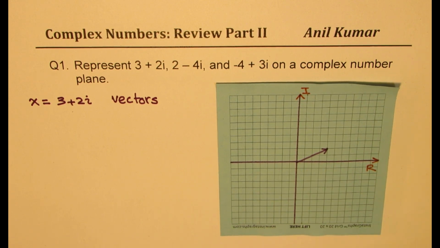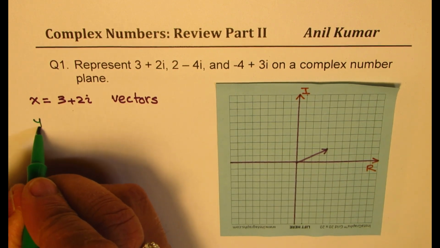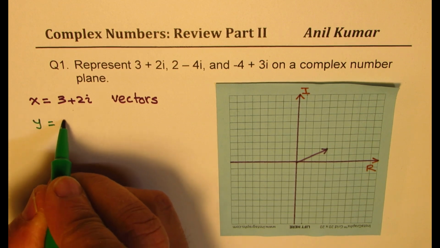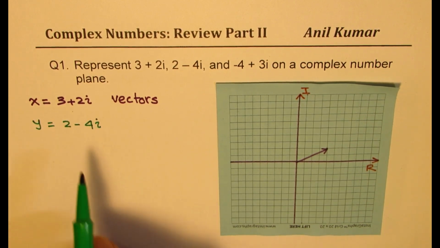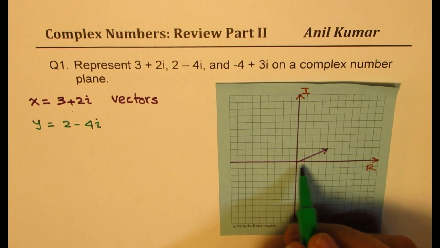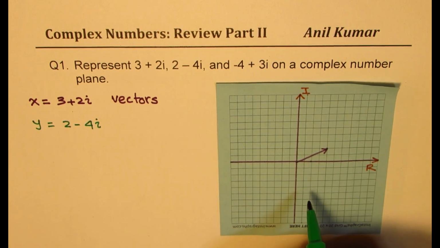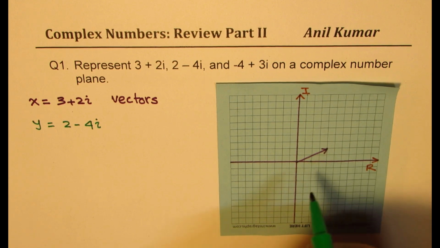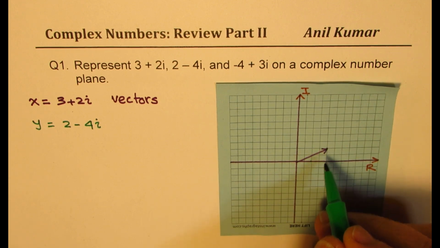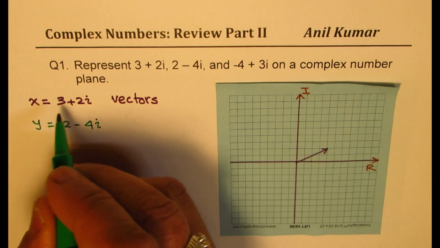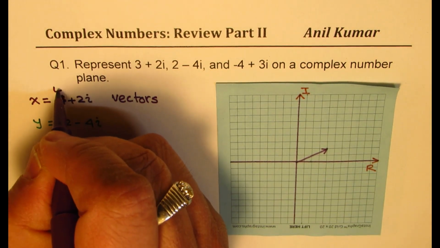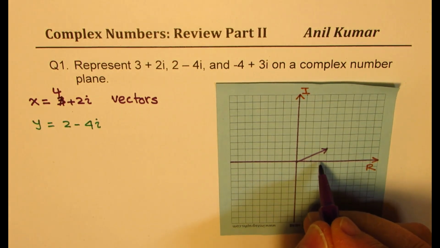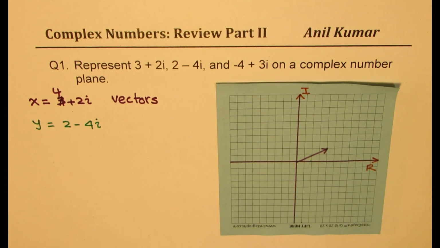Now let's take up the next one, which is 2 minus 4i. Let's call this complex number y, 2 minus 4i. So here again, 2 is the real part, so we'll go 2 units to the right. Okay, when I plotted this, I went 1, 2, 3, 4 units and then 2 up.